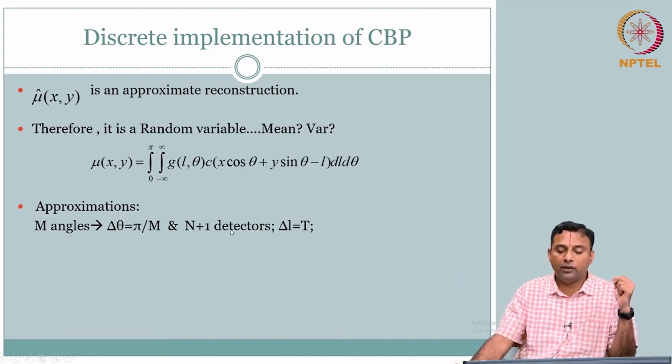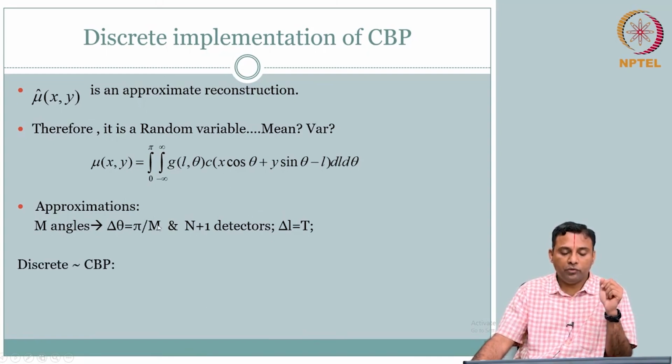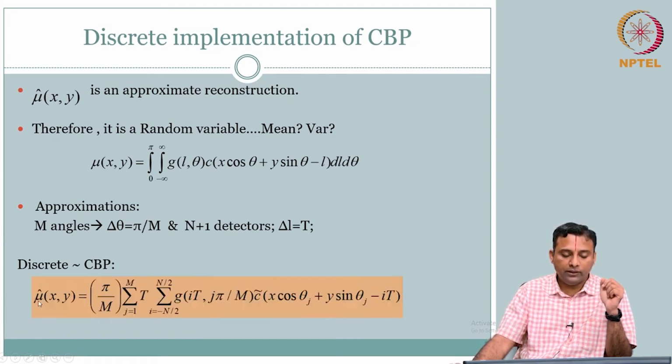If you have n plus 1 detectors, each detector can have a t width, for example. It has some finite width. So those two, and then if you do this, integrals become summation.